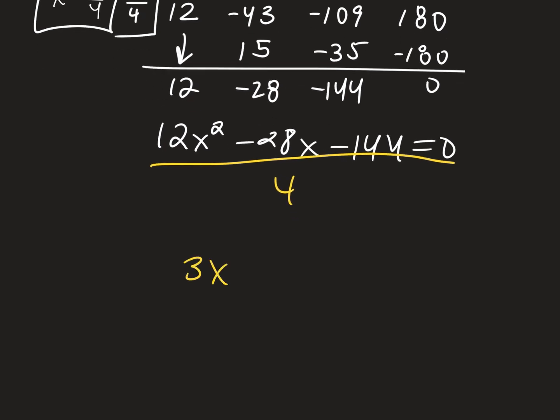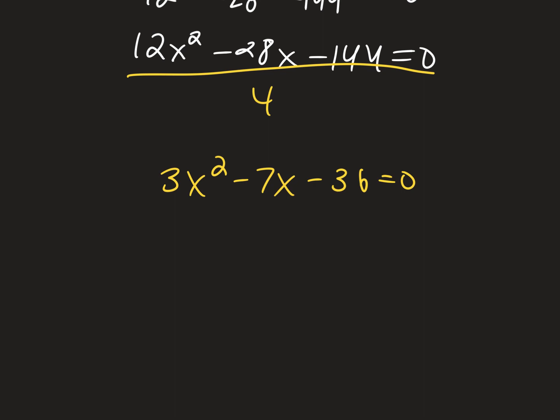But I have 3x squared minus 7x minus 36 equals 0. And let's throw that into the quadratic. So negative b, that's going to give me 7 plus minus the square root. Negative b squared, 49. You guys agree?